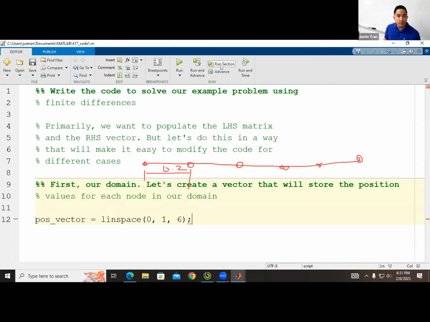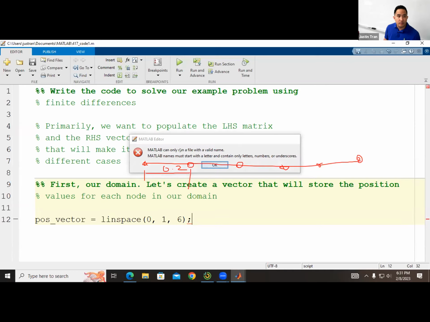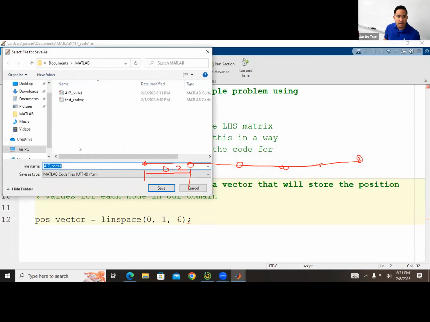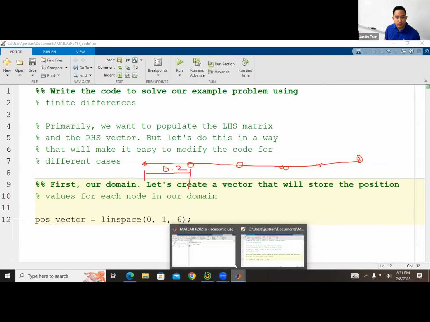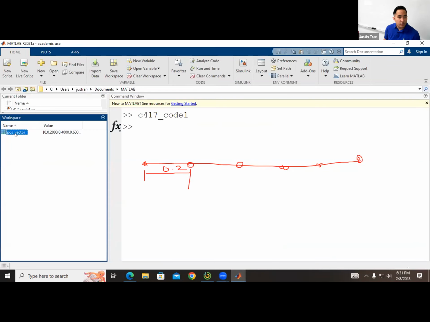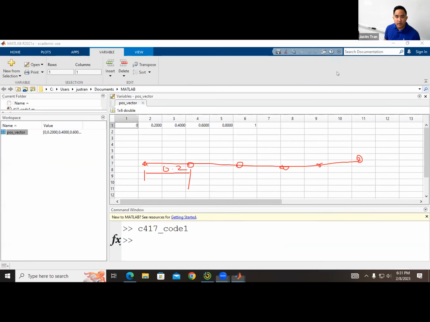All right, so let me go ahead and run this code. For some reason, it's not letting me run it. Oh, okay. It's not letting me run it because I started with a number. Okay. Okay, so I went ahead and ran the code. All right, and so if we look at the values of pos vector, let me go ahead and eliminate my drawings here.